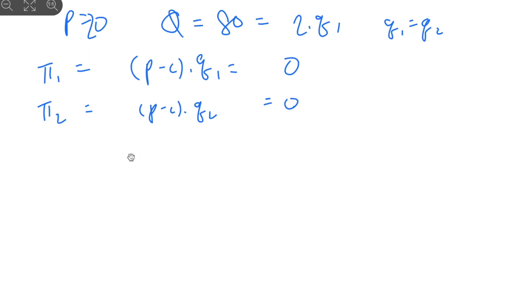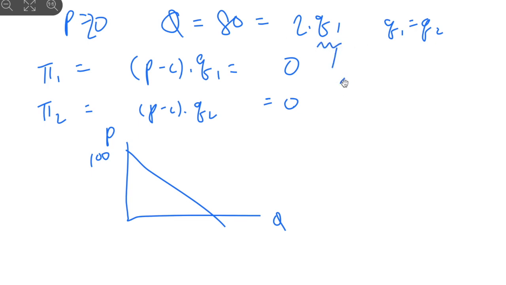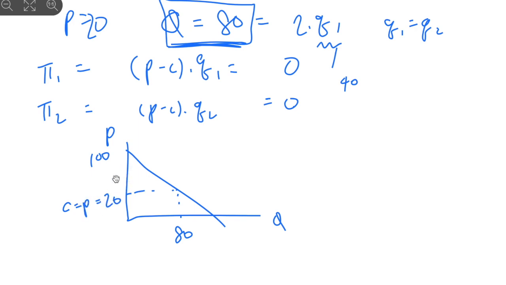What about the consumer surplus? I was wrong by the 100 minus P part. P, Q, we have 100 minus P, that's correct. But I was just taking half the size of 40 as the quantity, and that made me make the wrong choice. The aggregate quantity is 80, not 40, right? And we have the price equals cost at $20.